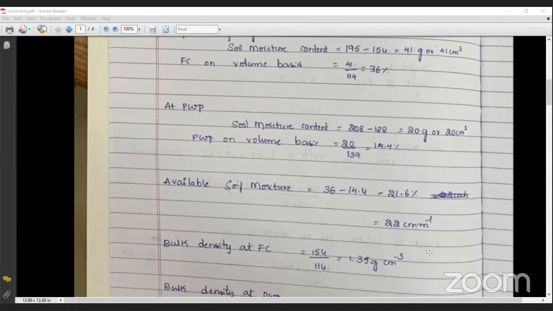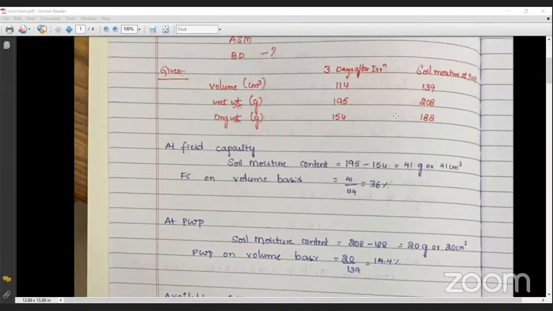Then how to calculate the bulk density? Now this is the question. Earlier, what I explained in the previous part: bulk density at field capacity is different and bulk density at permanent wilting point is different. The formula is, bulk density means dry weight divided by volume. What is the volume they have given here? 114.